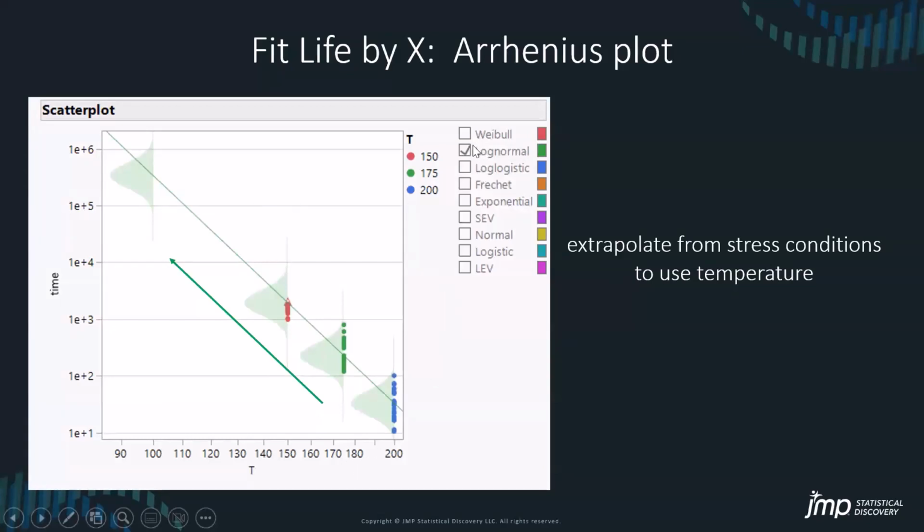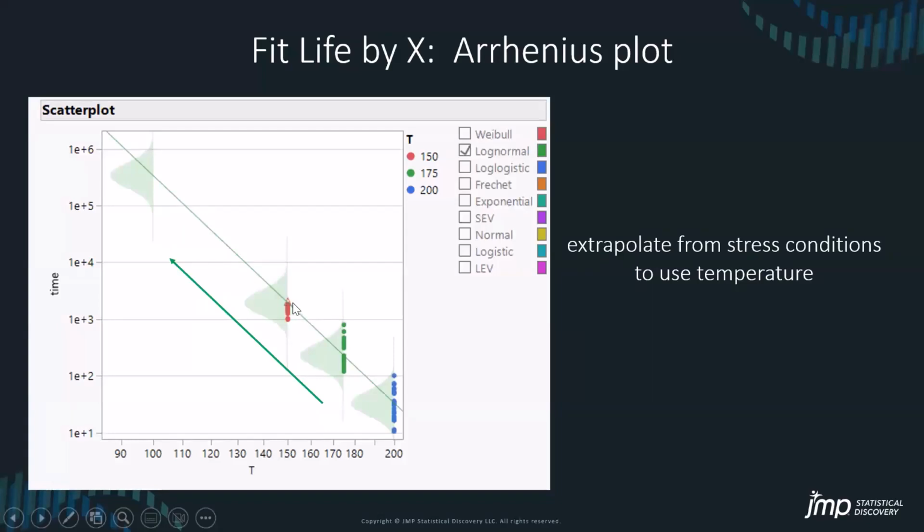But here we have some log normal data. I have 3 different temperatures I ran at, 150, 175, and 200 degrees C. You can get an idea of what the failure times are here. At 200 degrees, parts fail between about 10 hours and 100 hours, on up to 150 degrees C, where parts failed anywhere between 1,000 hours and more.